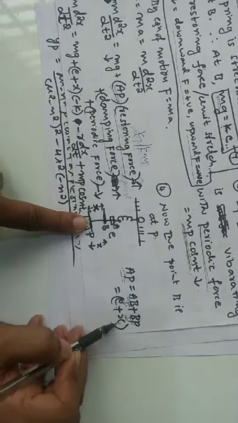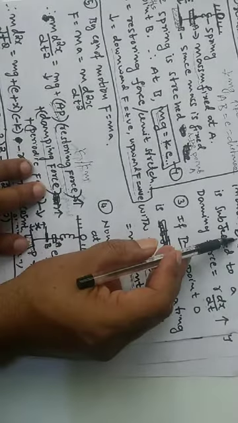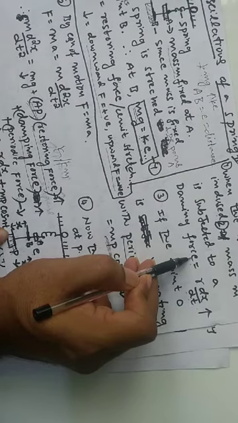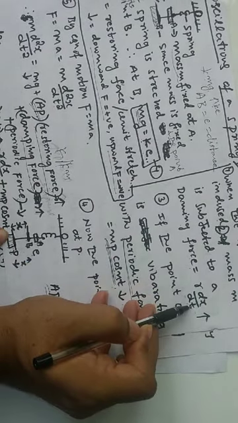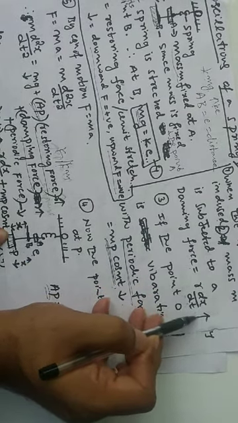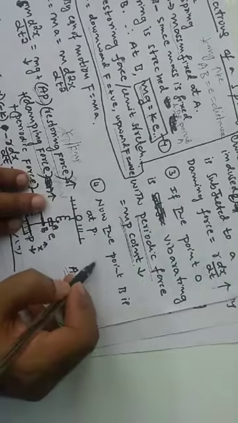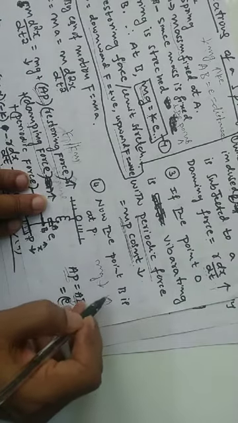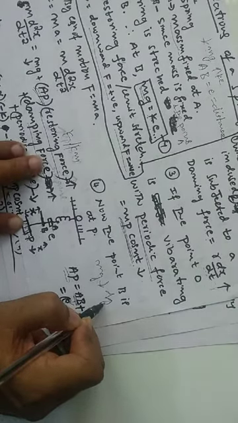BP is equal to X. Second point, the mass attached is subjected to a damping force given by R into dx by dt. This force always acts upwards. mg acts downwards. Damping force acts upwards.